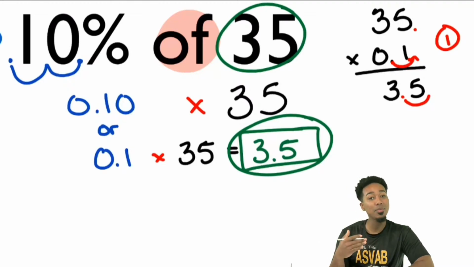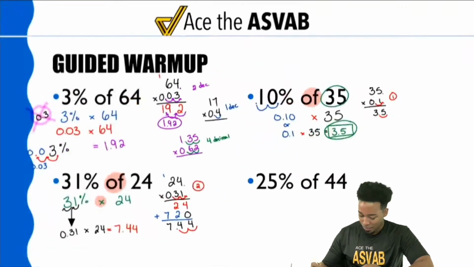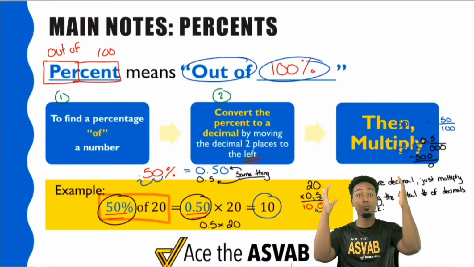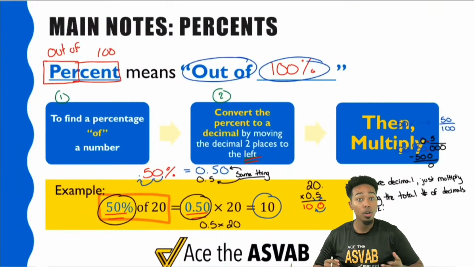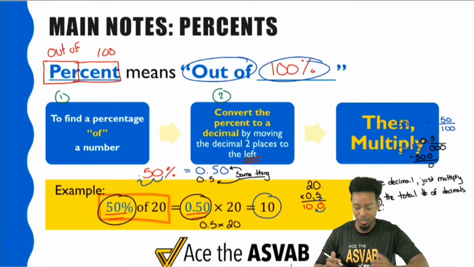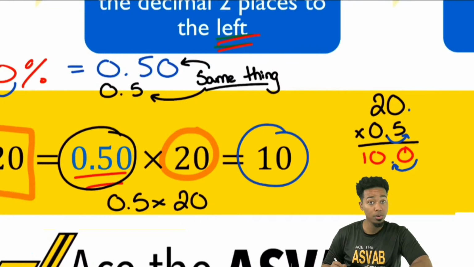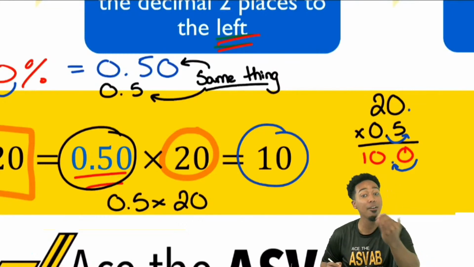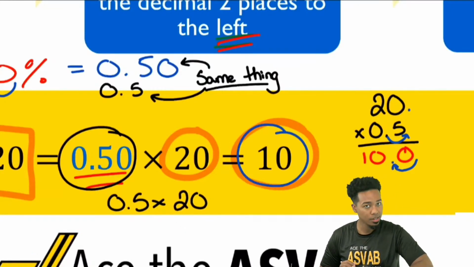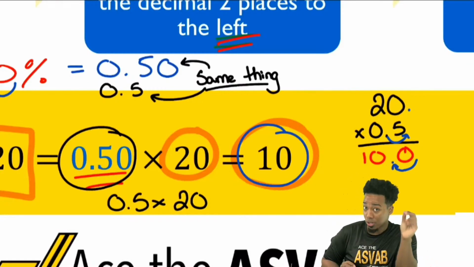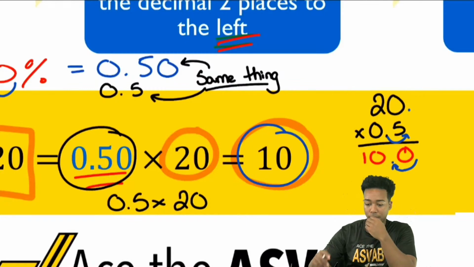In the same way, everybody, in the same way that we were looking at 50% over here, well, how do you go from 100% to 50%? Well, you cut it in half. You divide by 2. And guess what we saw over here? We went from 20, the original number, and 50% of that, or half of that, being 10. Is anyone here starting to see the relationship between the percent and the final number?